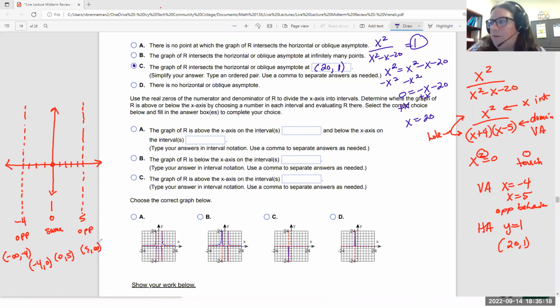Those 4 intervals are going to be put in the boxes of either above the x-axis or below the x-axis for that whole interval. How do I figure out which is which? Well, I need some other point, and I have one. I have this 20, 1, so I know somewhere. I also have the y, or the horizontal asymptote.